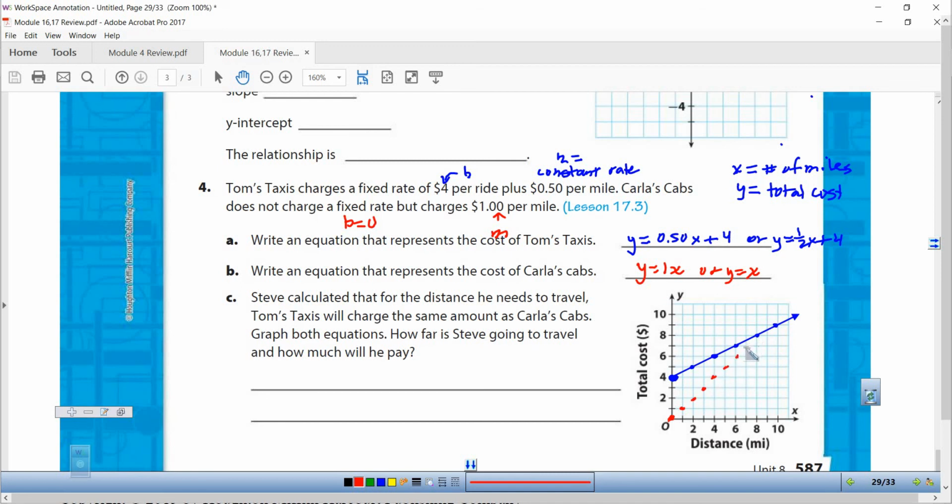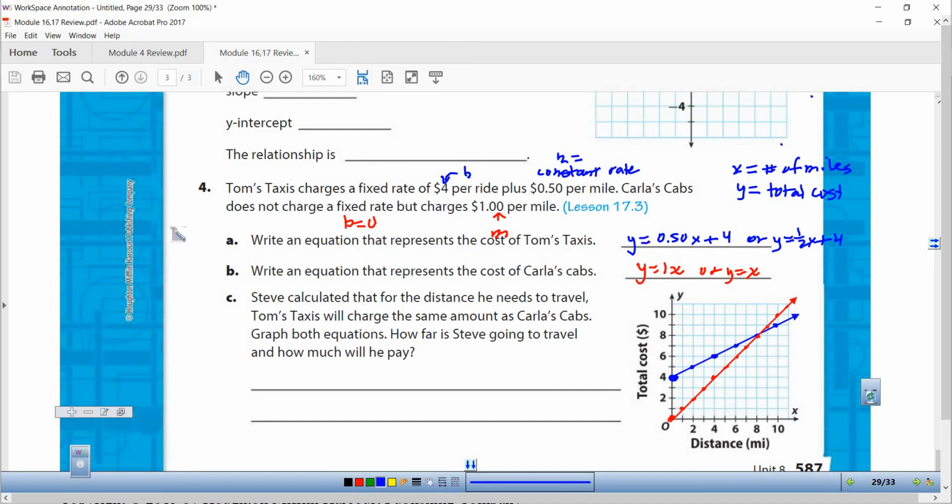All right? You can see that it starts off lower because it starts off at 0, but the line is steeper, right? Because Carla's charging $1 a mile and Tom is only charging 50 cents a mile. Okay. Now, real quick, they didn't ask us, but what does that mean about Tom?